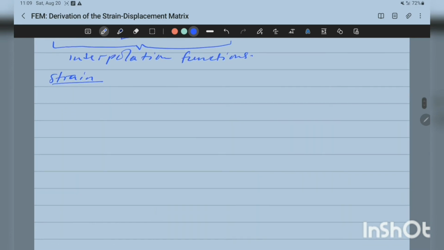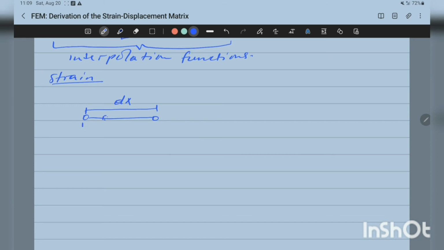So let's assume we have a small element with an overall length dx, and this element has been displaced. So we have a new position.